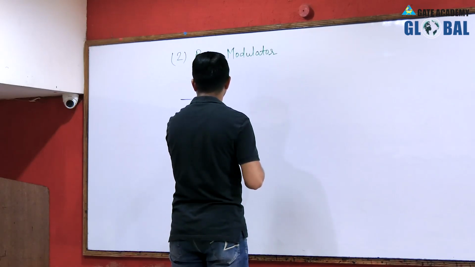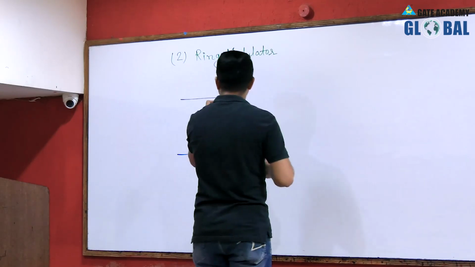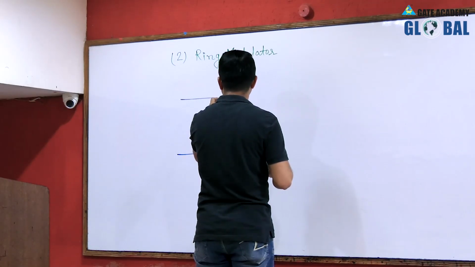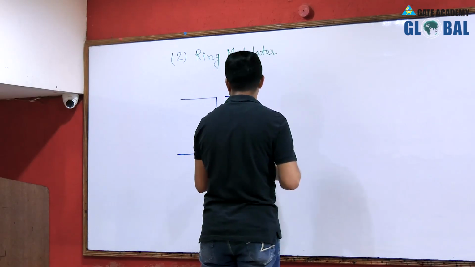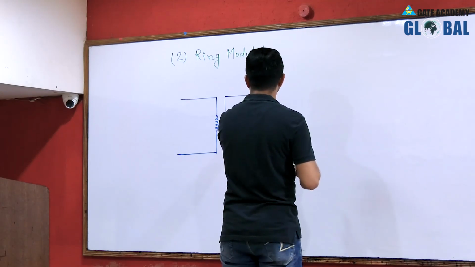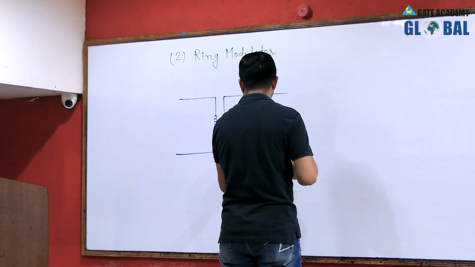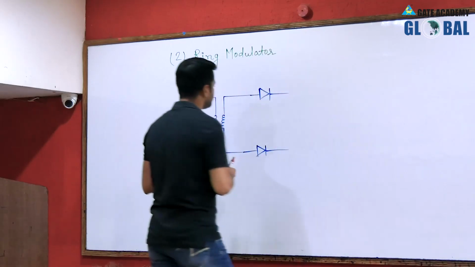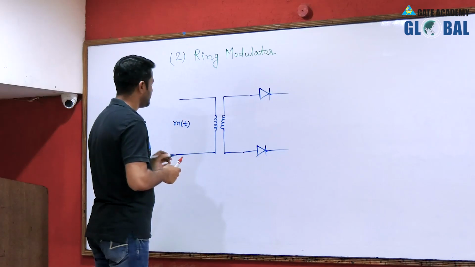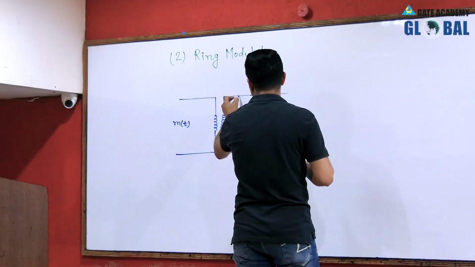We have a primary transformer, or primary windings. So this is the primary winding, where we are giving the message, and this is the bridge circuit.